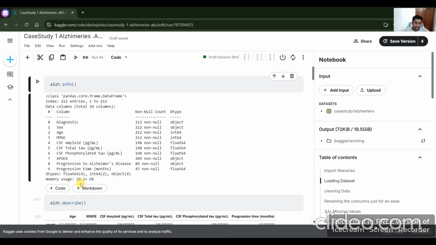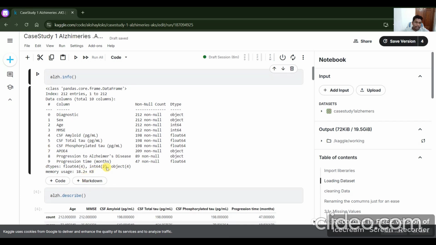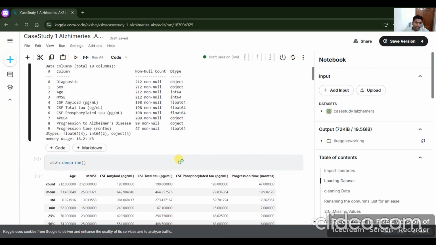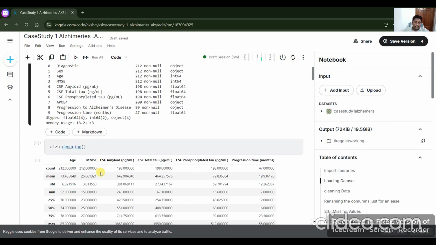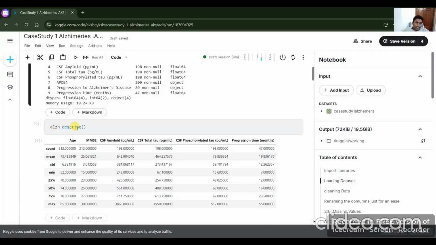Memory usage is about 18.2 KB. There are four object columns and four float columns.